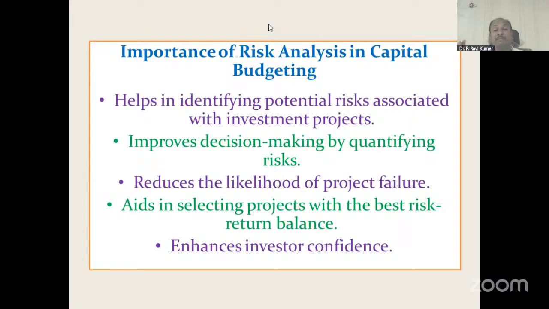It improves decision making by quantifying risk, and reduces the likelihood of project failures.